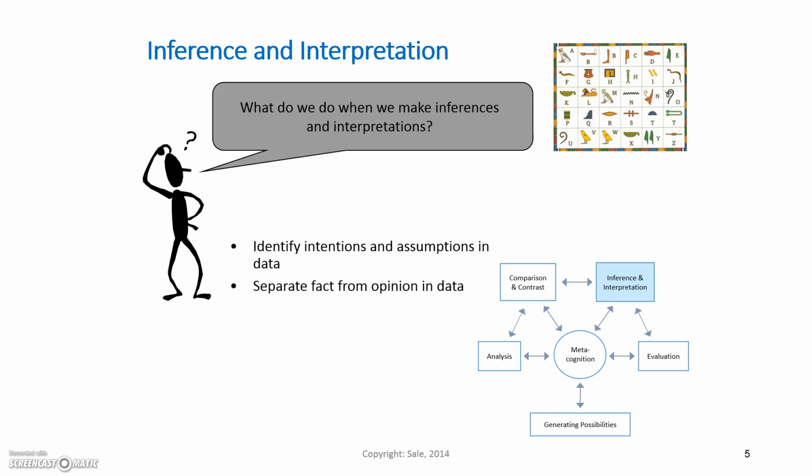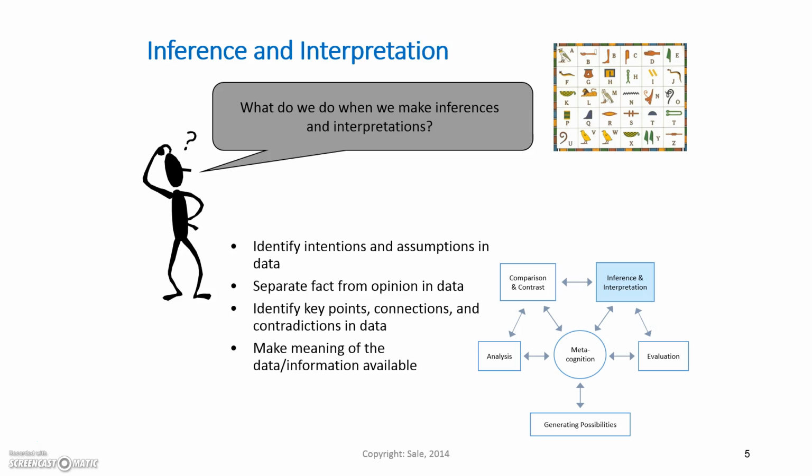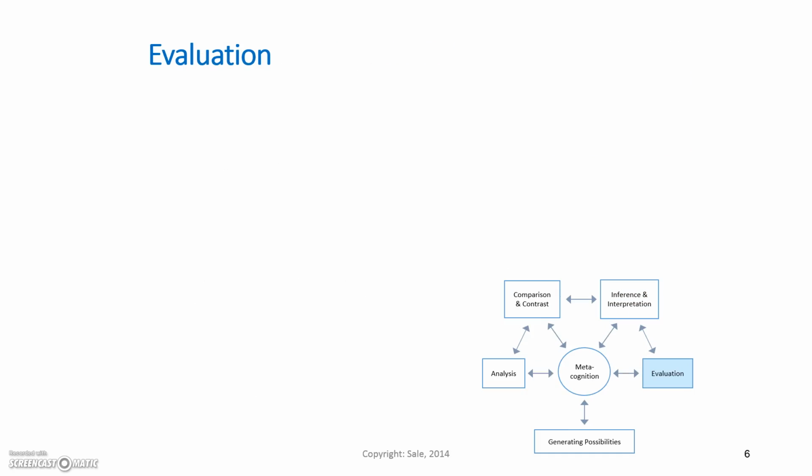So that involves separating fact from opinion, making connections, identifying key points and contradictions in data, and building up a big picture, making meaning of it. It's connecting things together. Remember, in thinking that builds understanding. So ultimately, we have the best picture to make predictions. The more we know about something, the more predictive can we draw our inferences and interpretations about future events.